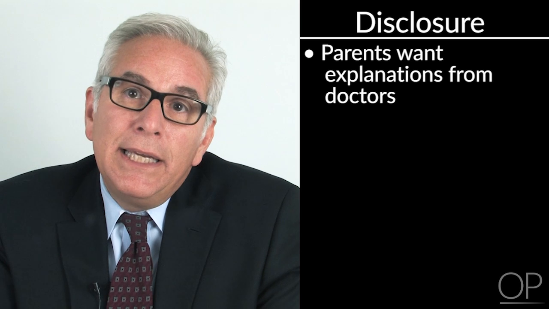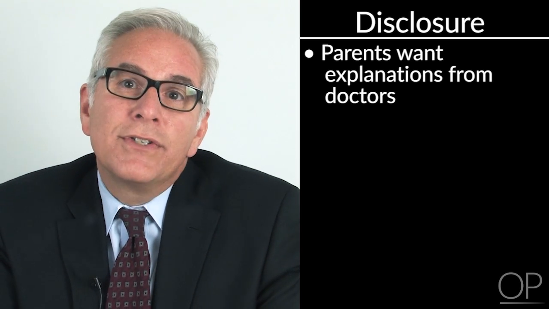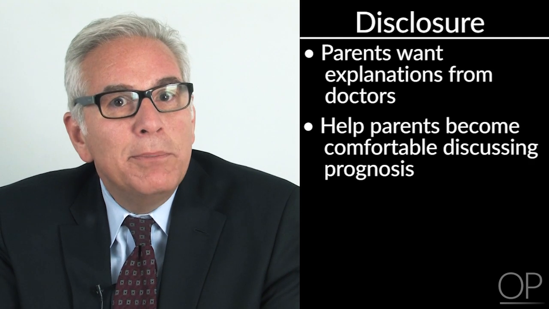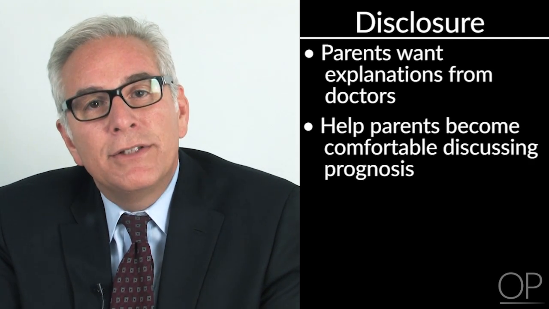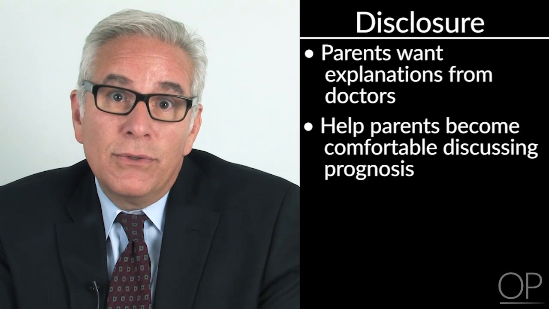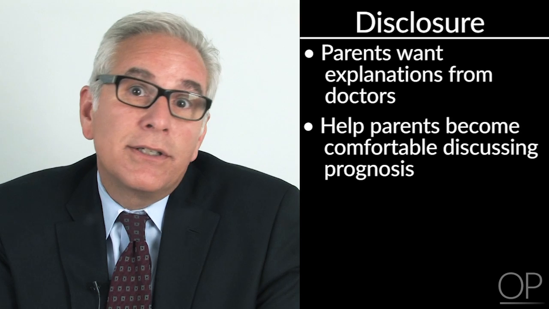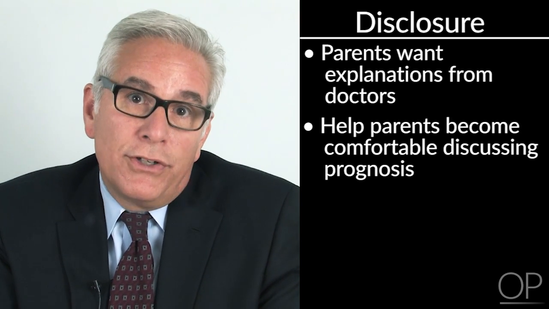And so in thinking about disclosure, the first point I want to emphasize is the importance of helping parents get to a place where they can discuss these things, discuss prognosis, discuss expectations, discuss what they're up against with their child.